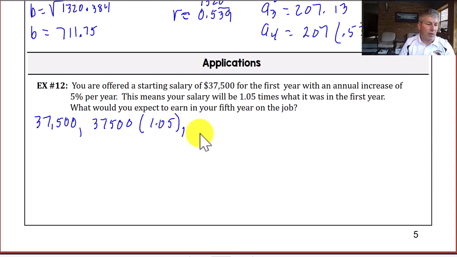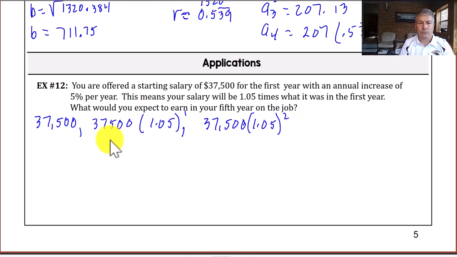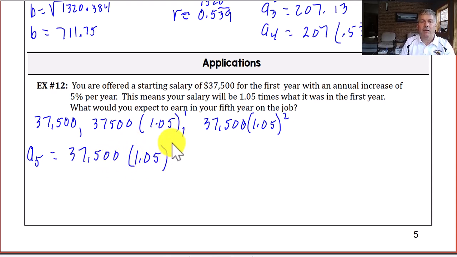And so forth. So your third year would be 37.5 times 1.05 to the second power. So that means this fifth year, a sub 5, would be 37.5 times 1.05 to the n minus 1, right?